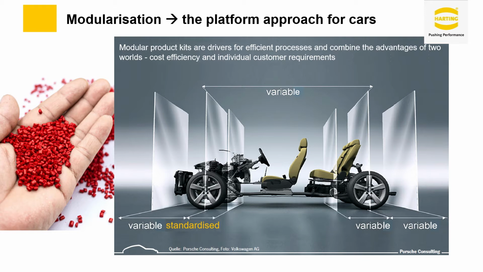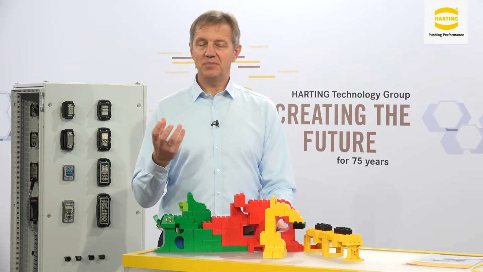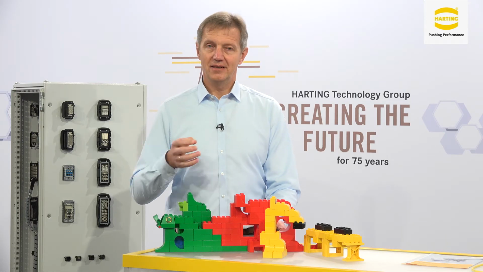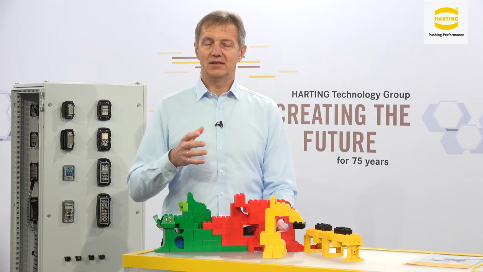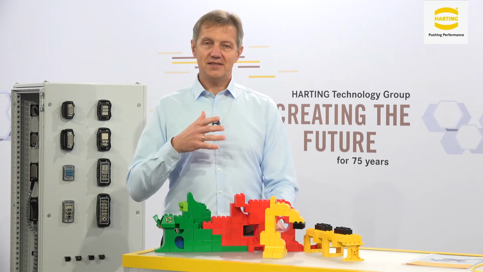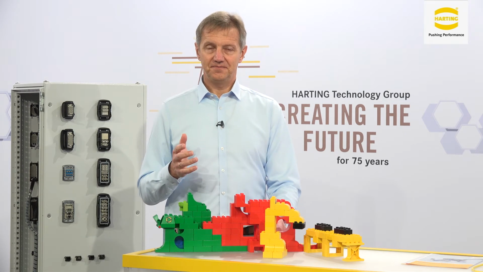The main issue is that they cater to different tastes and needs of the customers. So the customer is choosing between totally different cars, different shapes, colors, seats, and so on and so on.